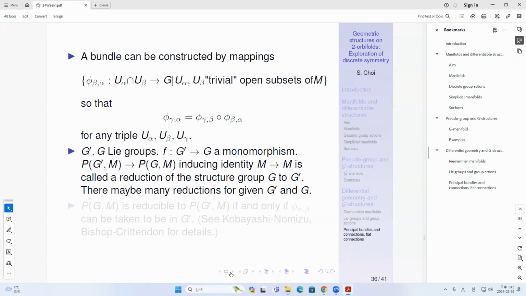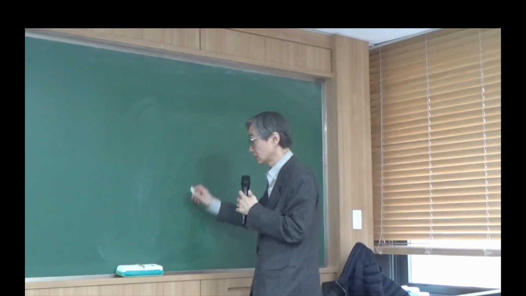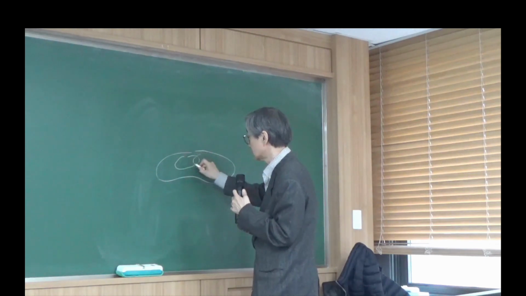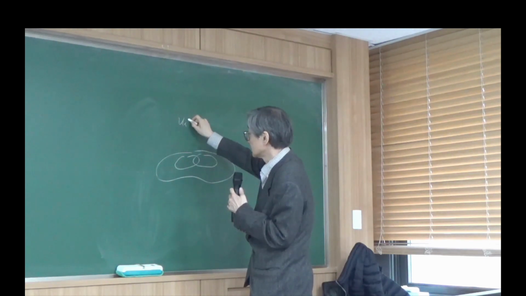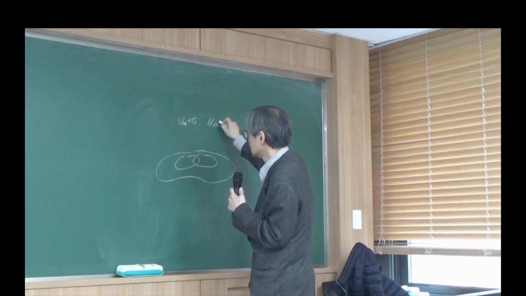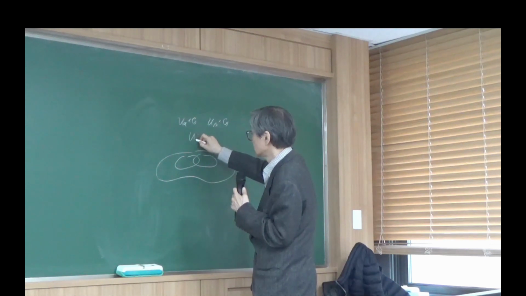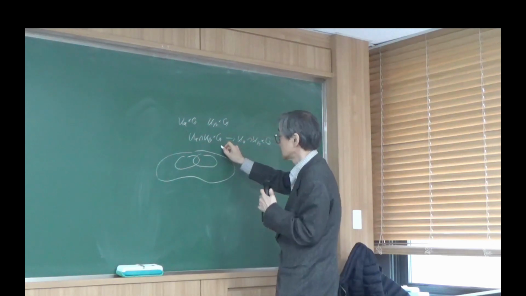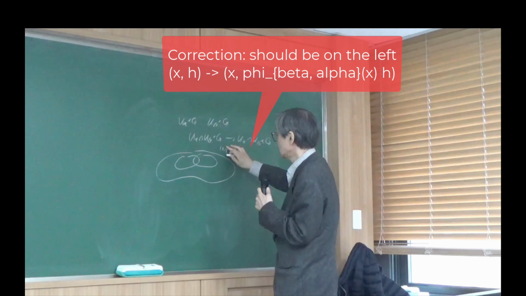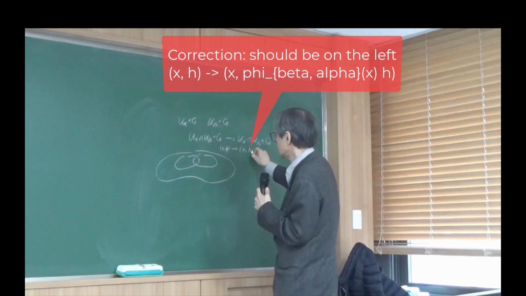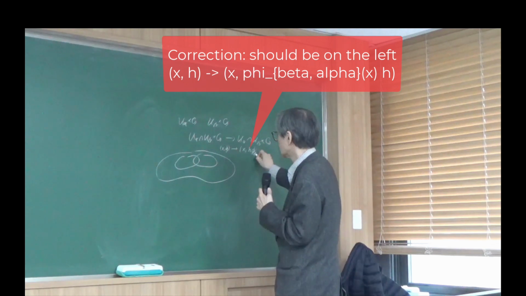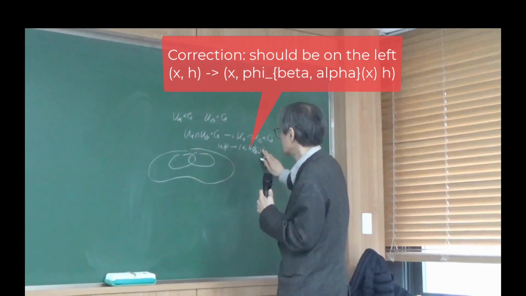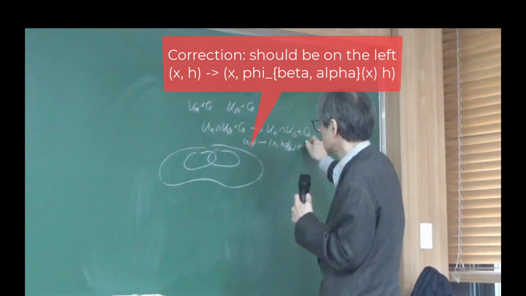You take M and cover by these, then say U alpha times G, U beta times G. Then you can glue the U alpha intersect U beta times G by sending x, h to x, phi beta alpha times h, with the right G action. So depending on each point, you multiply in this map.